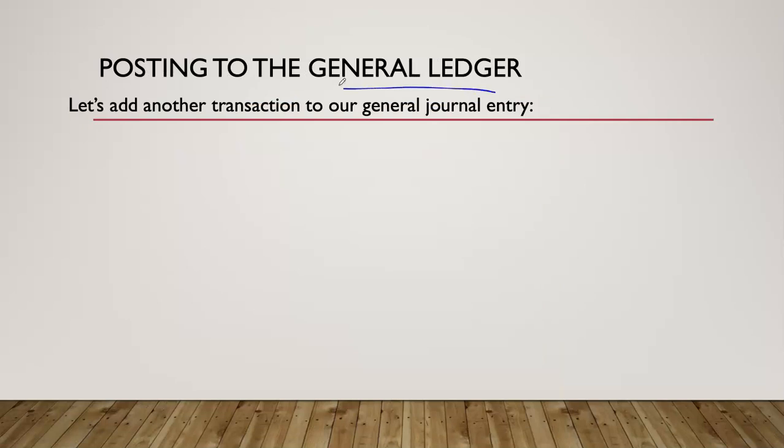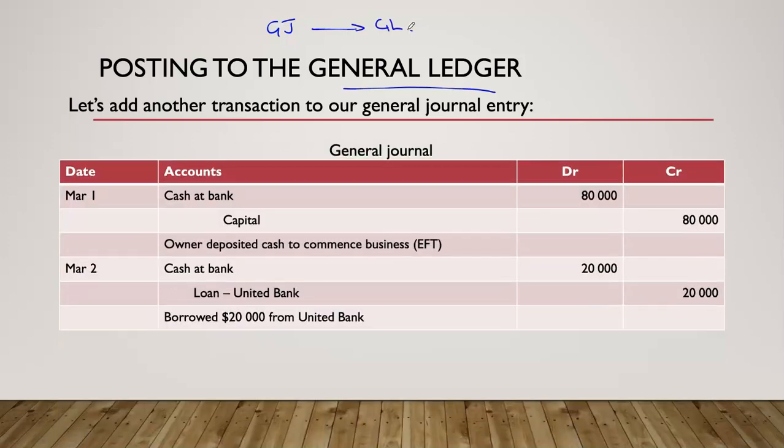So let's add another transaction to our general journal and then think about how this goes from our general journal all the way to our general ledger, which is, as you remember, the process that we use in Year 12 accounting.